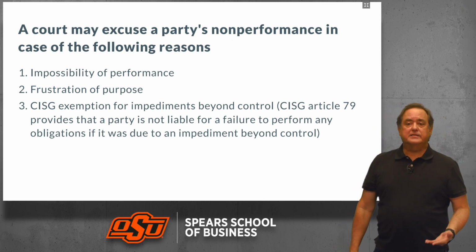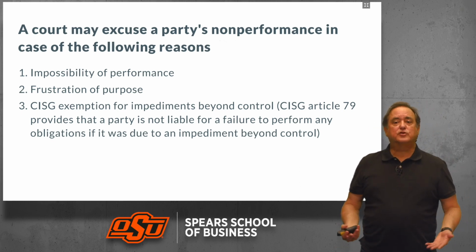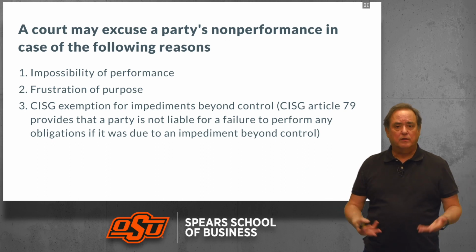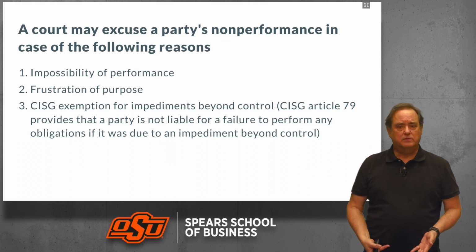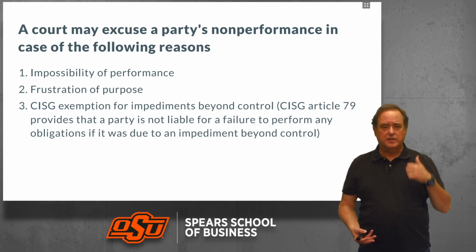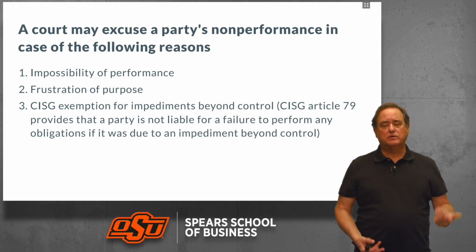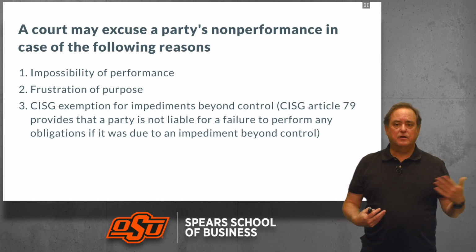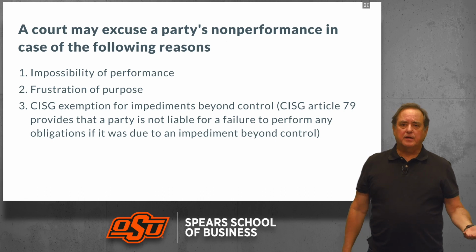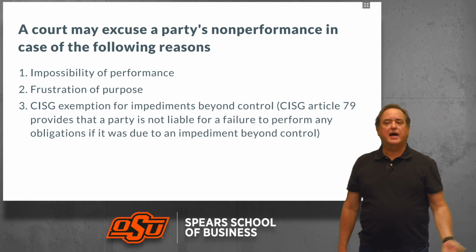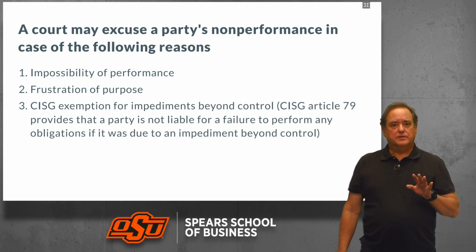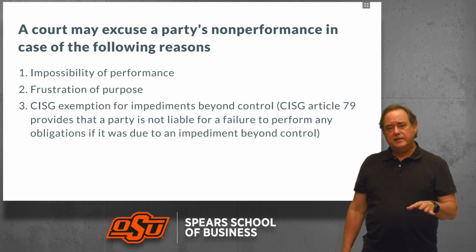If there is a contract to sell certain oil at $50 a barrel, and a war breaks out in the Middle East, and suddenly the cost of the barrel of oil shoots up, and the seller wishes to breach, they may claim impediment beyond control. They cannot provide the goods as they were expected to. So impediment beyond control isn't a defense.